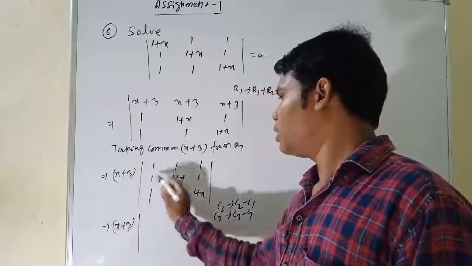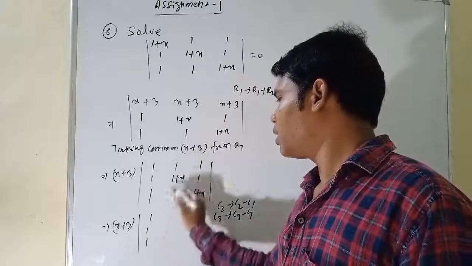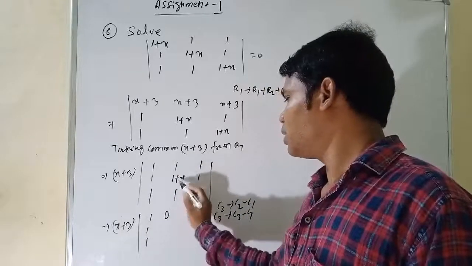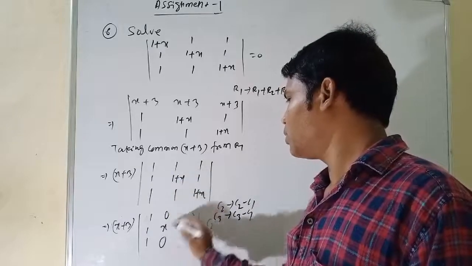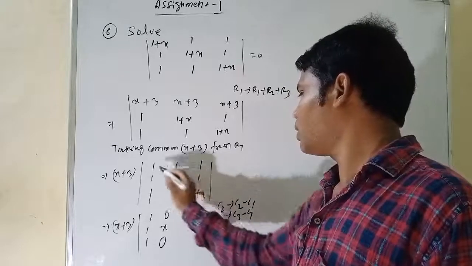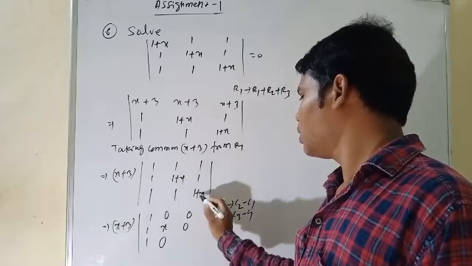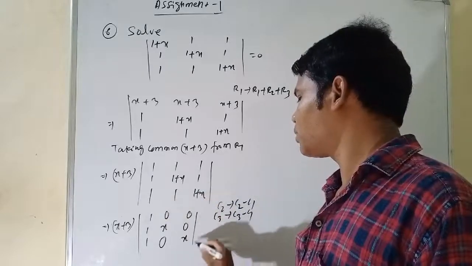This is 1 minus 1 equals 0, 1 minus 1 equals 0. This is 1 plus x minus 1, that is only x, here 0, here 0, and 1 plus x minus 1, that is only x.